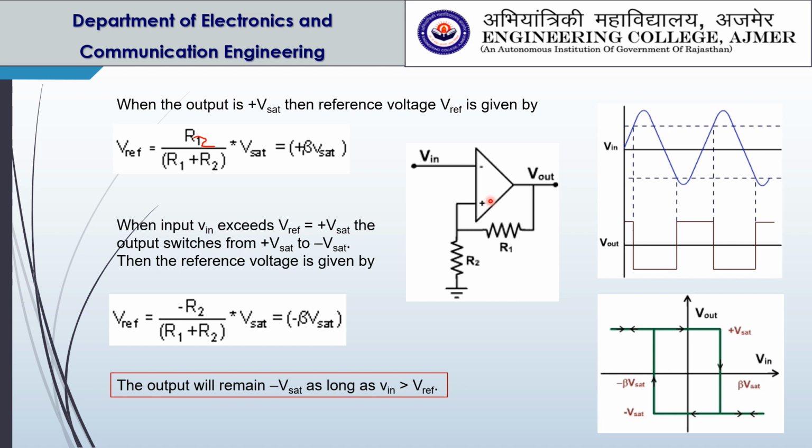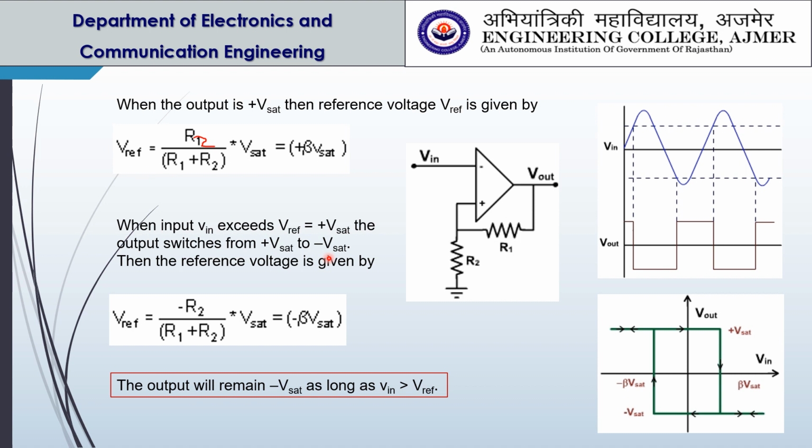If the input voltage Vin is less than this V reference voltage, that means the overall differential input voltage is positive and the V output remains plus V sat. And when the input Vin exceeds V reference, the output switches from plus V sat to minus V sat, and then the reference voltage changes.